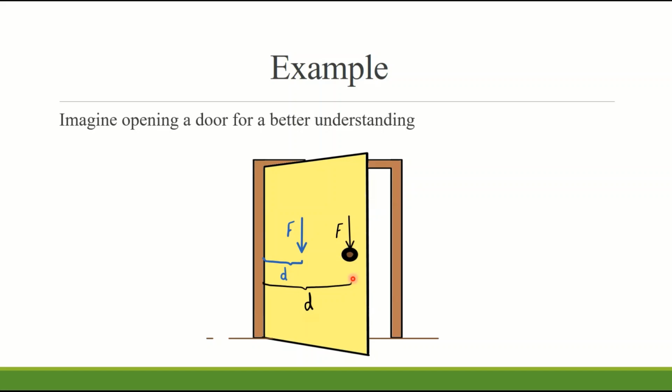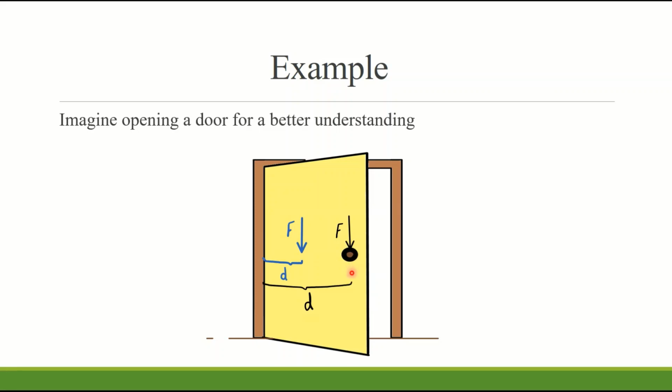This is because of torque. In this example, the axis is the hinge. When you push the door farther from the hinge, you're applying more torque. Because it is a longer distance between the axis and the applied force, it is easier to open the door.